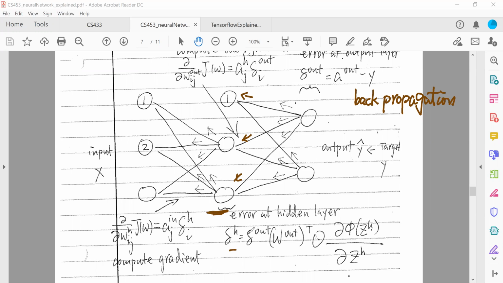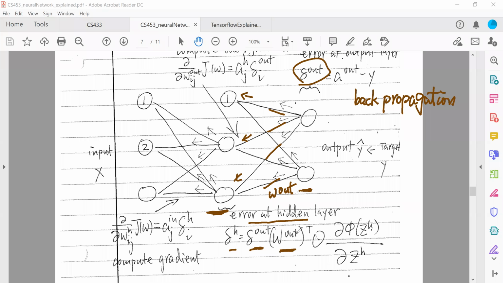For the hidden layer, the error at a hidden layer, yesterday we also discussed its relationship with the error at the output layer, which is delta out. From the previous step, we also found the weights for the output layer, W out, and we also found delta out.